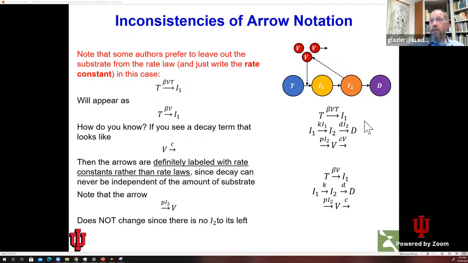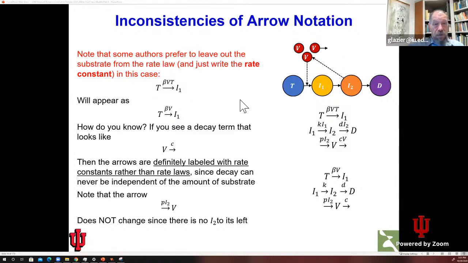There also are some inconsistencies in notation on how the rate laws are represented. So when I draw an arrow diagram, I will always put whatever the full rate law is on top of the arrow. So T goes to I1 at a rate beta VT.